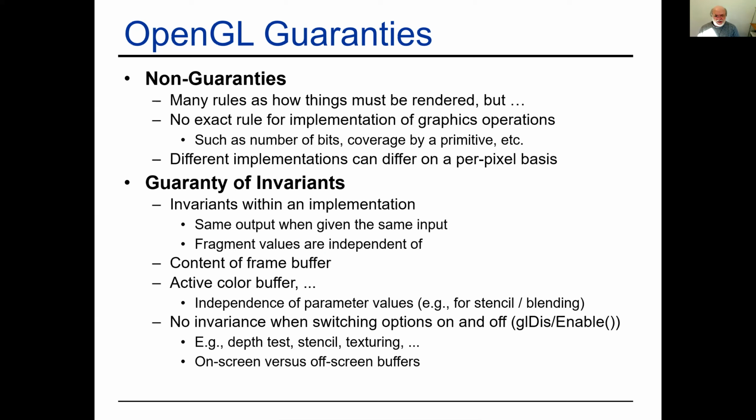However, there's a number of invariants that OpenGL guarantees. So for example, with the restriction that I'll talk about in a second, the output will always be the same given the same input, unless you are switching options on and off in OpenGL.